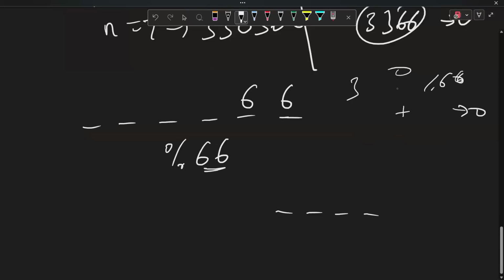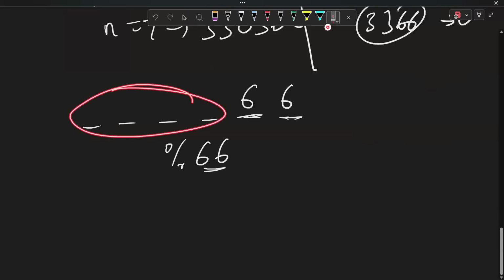So by observation, in the last 2 digits we would surely have 66, but before that we would try to make 3333s so that we make the number smallest.